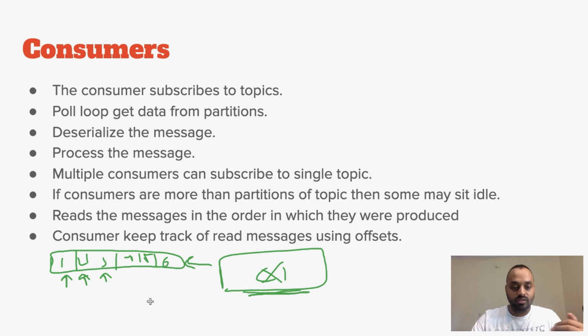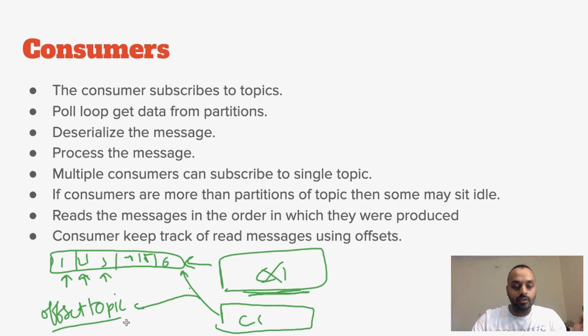These offsets are stored inside Kafka itself in a separate topic, and whenever consumer C1 comes back, it reads that metadata from that topic, called the offset topic. The offset topic says you have read up to 3, so it starts reading from the next offset: 4, 5 and 6. This is how it happens.